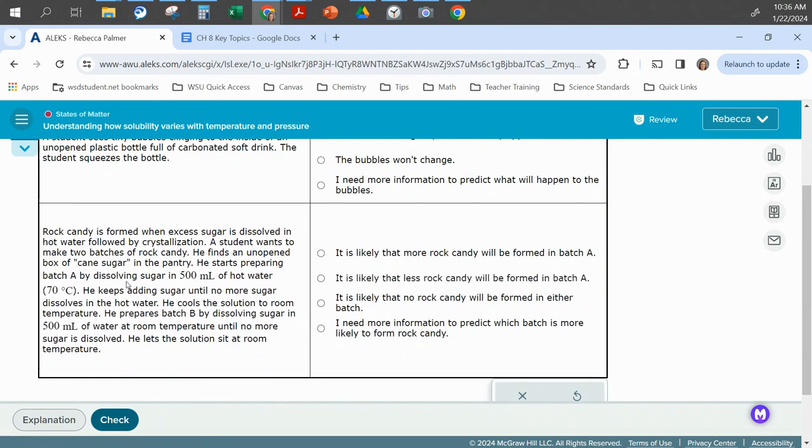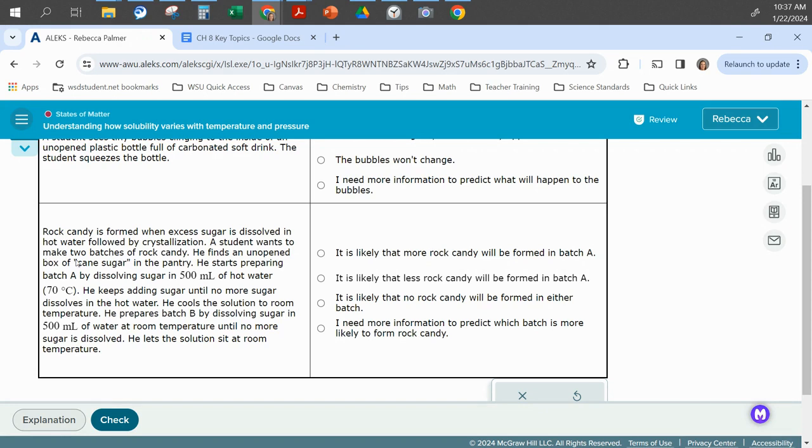Okay, this one's long. So we're making rock candy. You know what that is? Rock candy is like the candy on a stick, like the sugar crystals on the stick. And you're making that, you dissolve the sugar in water, and then you're gonna crystallize it. A student wants to make 2 batches.